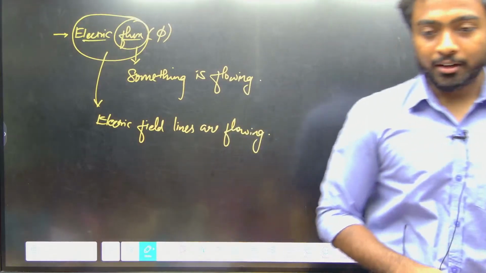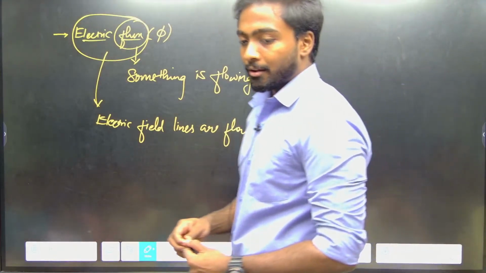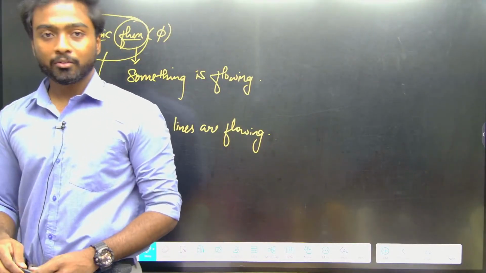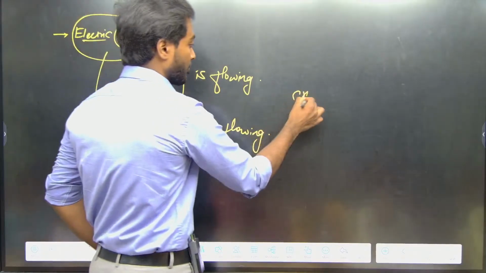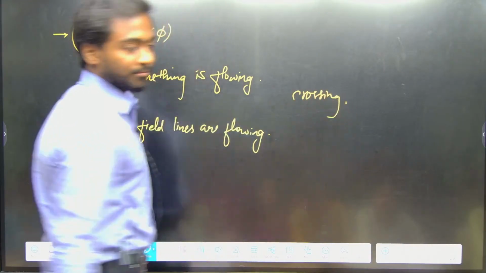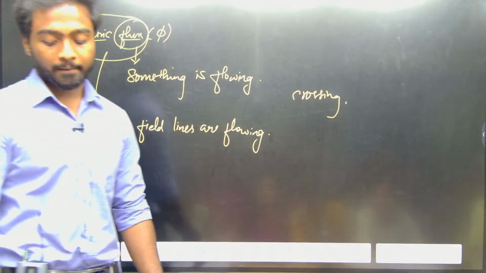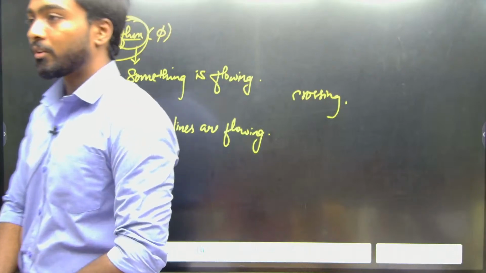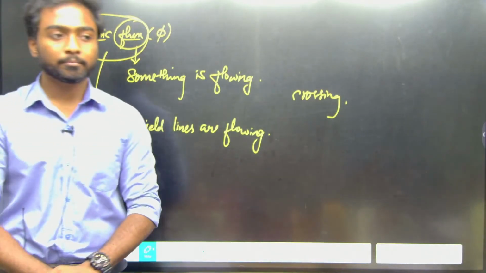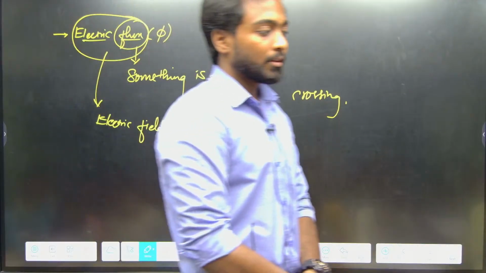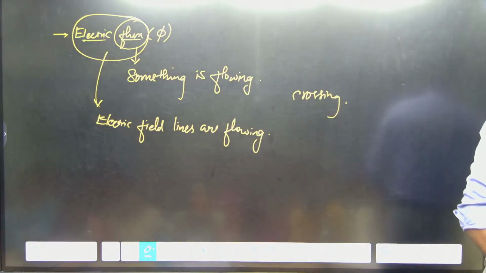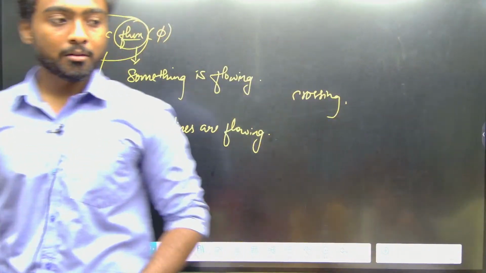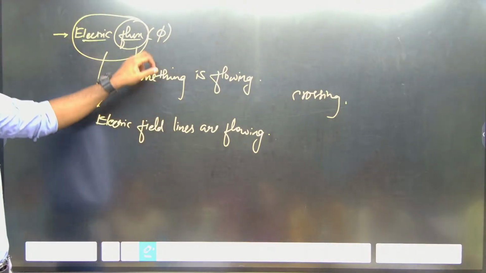Electric flux is basically the amount of electric field crossing the cross section area. So electric flux is denoted by the letter phi.